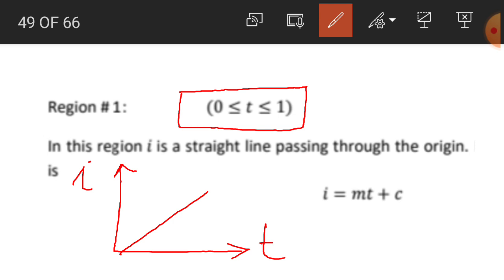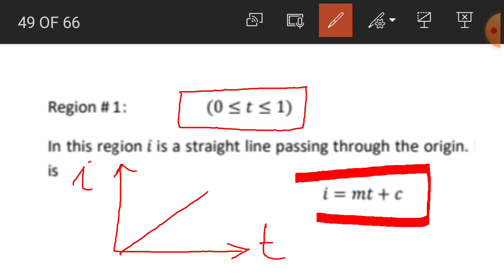The equation of a straight line is mt plus c, where m is the slope of the line and c is the y-intercept. Whenever the straight line passes through the origin, c will be equal to 0. So c in this case will be 0, because this line is passing through the origin.